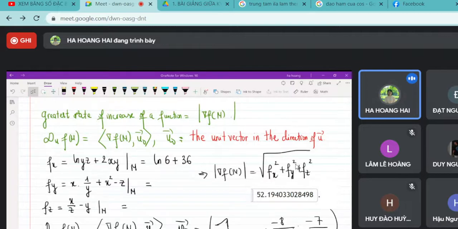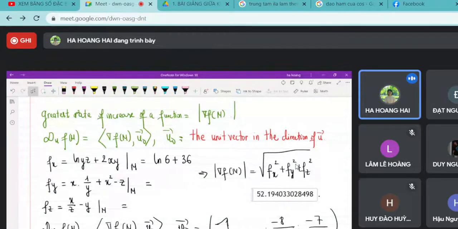Now we have the answer for this, the rate of change.